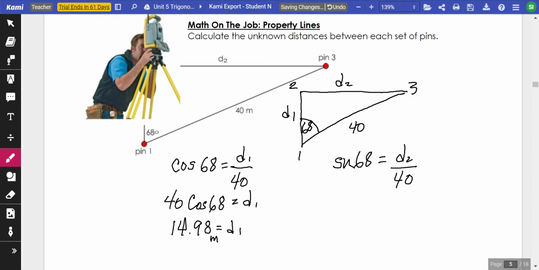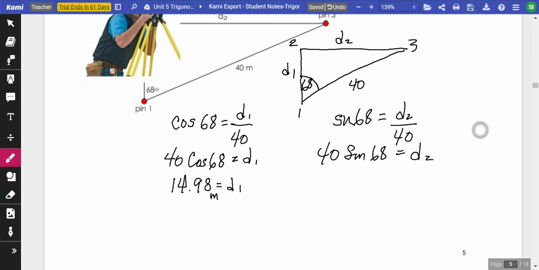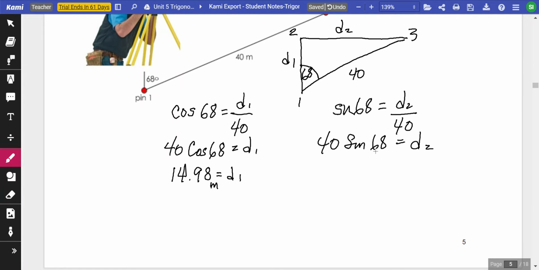Again, we multiply, so 40 times sine 68 equals D2, and sine of 68 times 40 ends up being 37.1 meters, which is the distance between pin 2 and pin 3, which is D2.